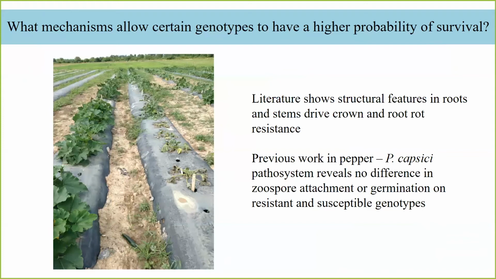A previous experiment using peppers showed that Phytophthora zoospores were able to attach to and germinate equally on roots of both susceptible and resistant peppers. But on susceptible peppers, the pathogen was able to penetrate into the interior of roots, whereas on resistant genotypes, growth was limited to the outer cell layers of the cortex.